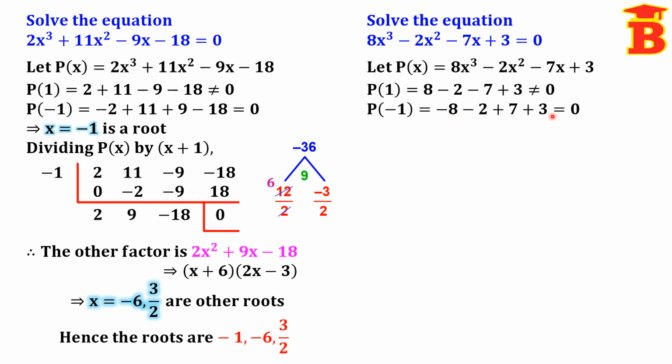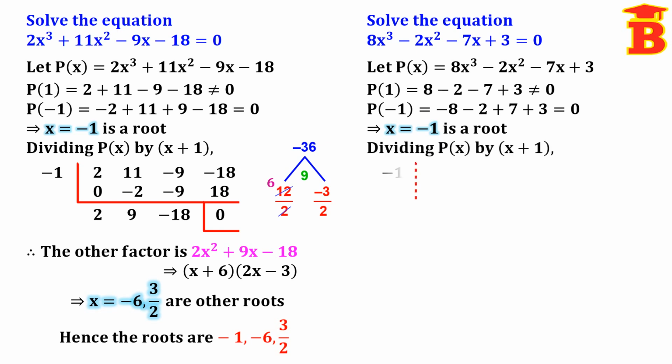Now adding the positive numbers 7 plus 3, 10. Negative numbers minus 8 minus 2, minus 10. So 10 minus 10, we get the answer 0. Since p of minus 1 is 0, x is equal to minus 1 is a root. Now we can divide the given polynomial by this root.